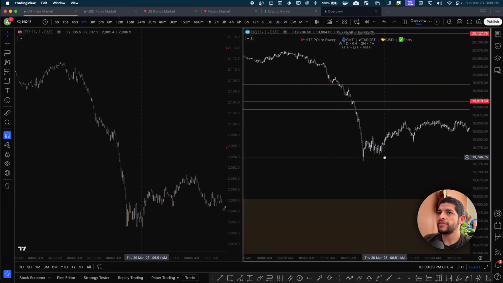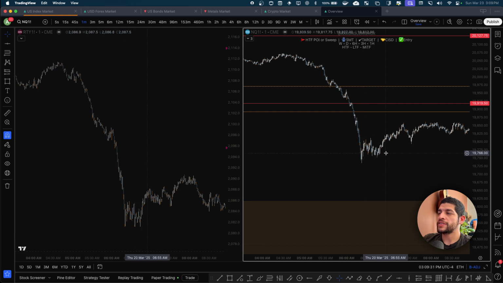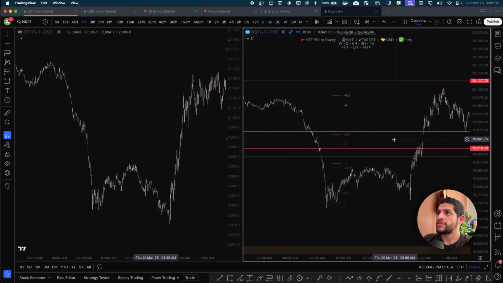For example, here's another SMT. I can already see this swing high failure, swing low, and then this took this low here. So this is SMT. If I measure from this low to here, you can see -2 lands right here. We tap into -2 perfectly, then come down, then move up into -4, -4.5.